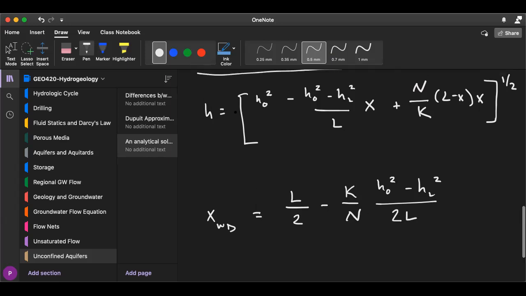So this equation would allow me to calculate the head at any point X. And this equation here allows me to calculate exactly where the water table divide between these two bodies of water is.